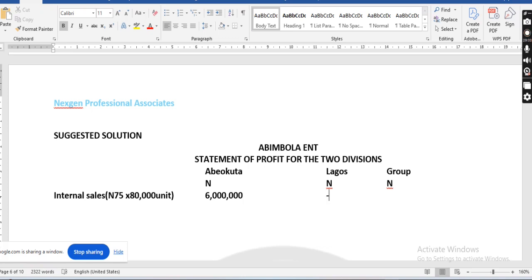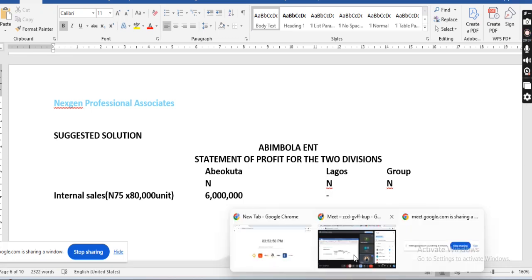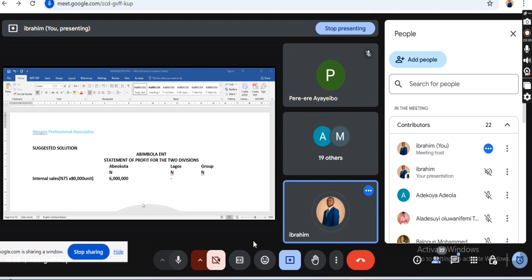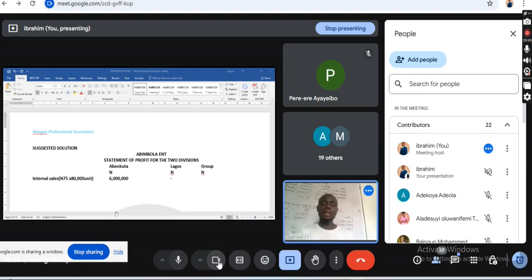Now, this will not affect the group because it is internal.